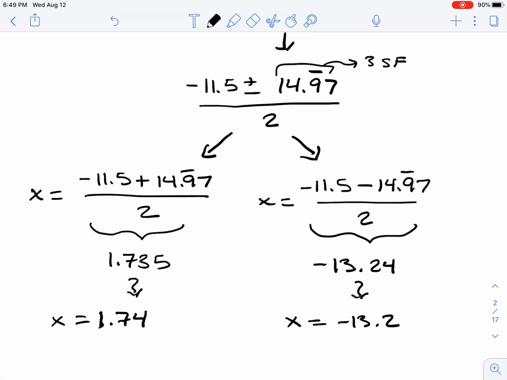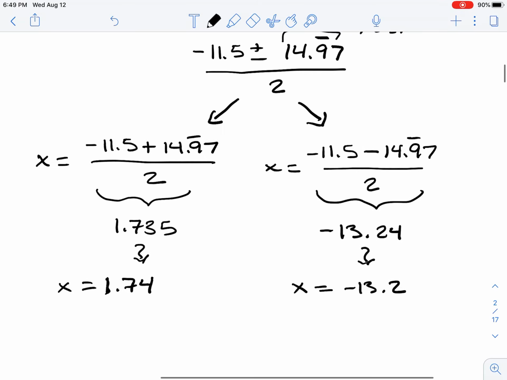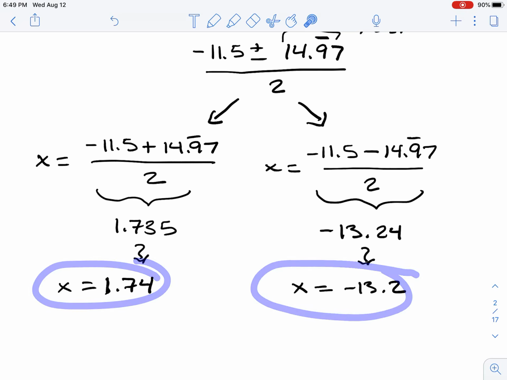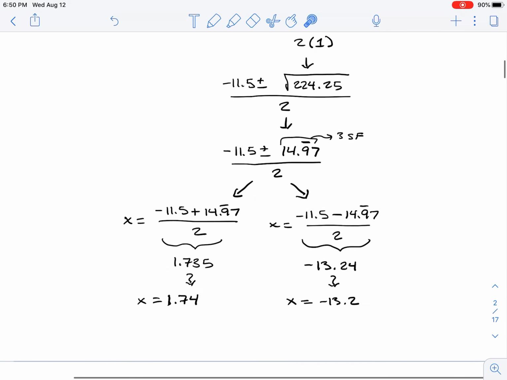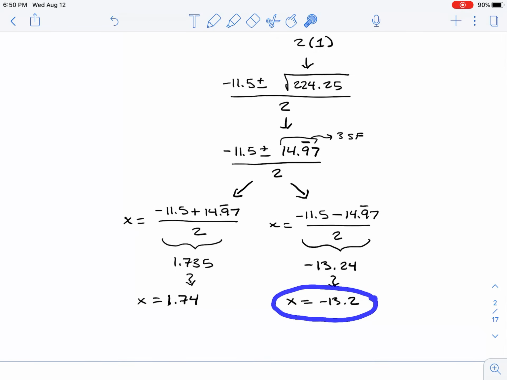And so that's great. We're able to solve for x, but unfortunately, we have 2 values of x. Which of these 2 values is the true value that we're going to plug in to obtain our equilibrium concentration? Well, if you think about this, could we have an x value that's negative? Okay, so negative 13.2.